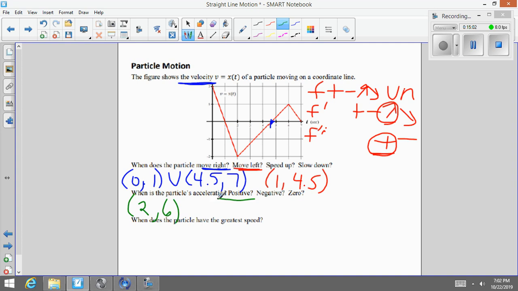Okay, when is the particle's acceleration negative? Acceleration would be negative when velocity is decreasing. Okay, so acceleration is negative from 0 to 2 and also from 6 to 7.